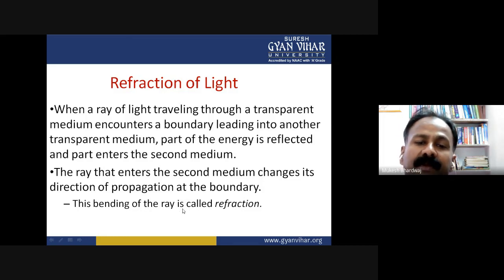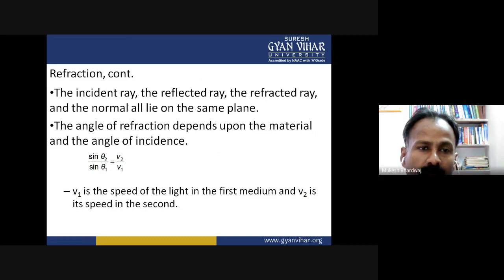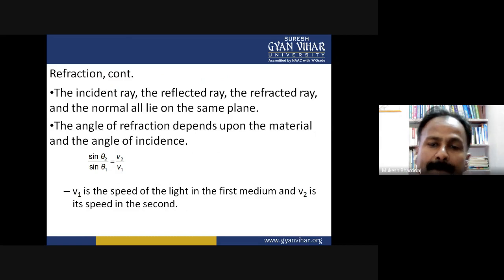The bending of the ray is called refraction. The incident ray, the reflected ray, the refracted ray, and the normal all lie on the same plane.